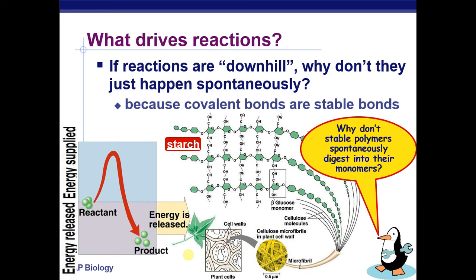And the main reason is because those covalent bonds between the atoms in those molecules are stable. They're in a very stable state. And so to release energy from them, we need to make them unstable.